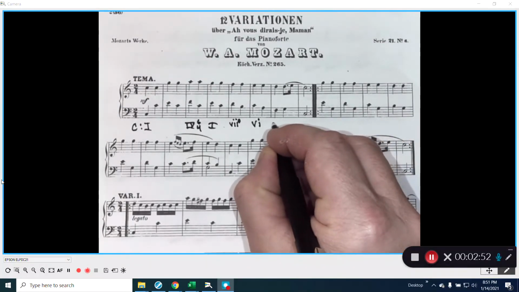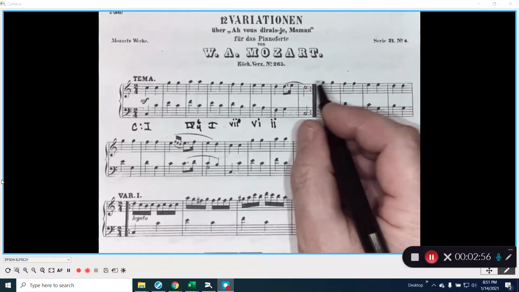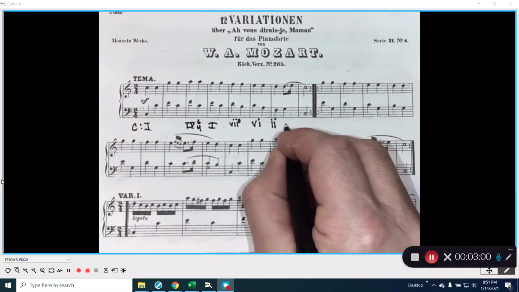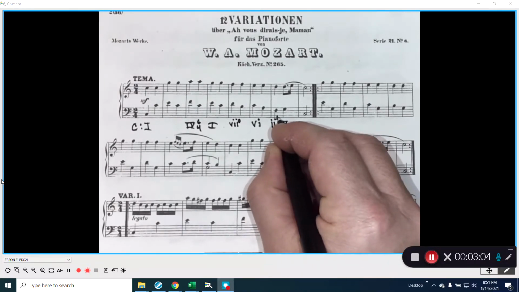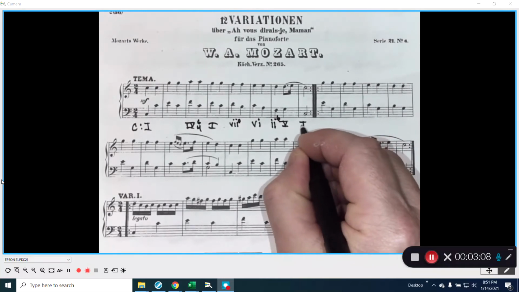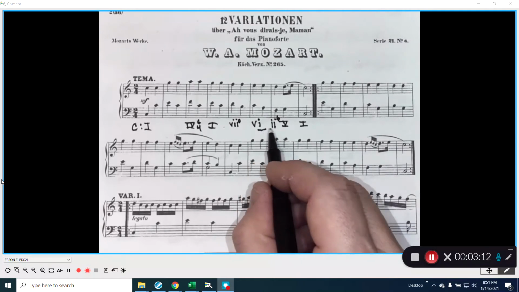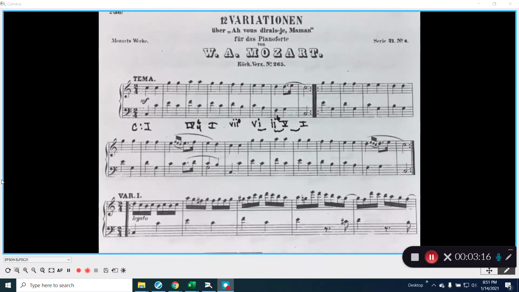We're going to imply a 2 here because we have a D and an F. A is missing, but let me say first inversion, 2/5/1. And so we have this little circle progression here, 6/2/5/1.